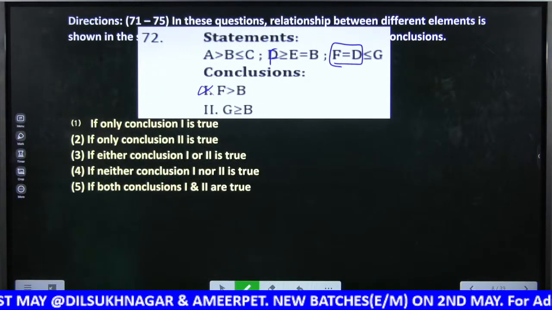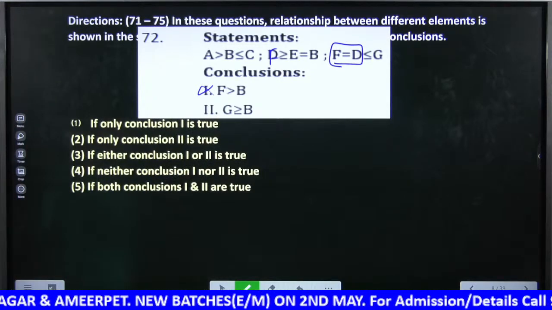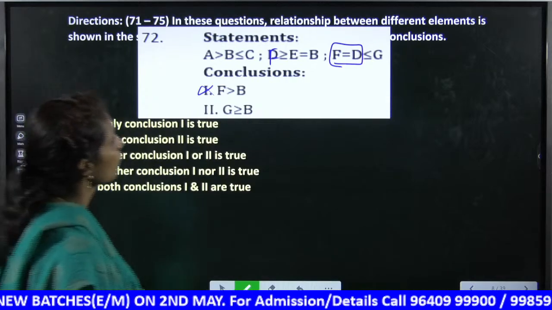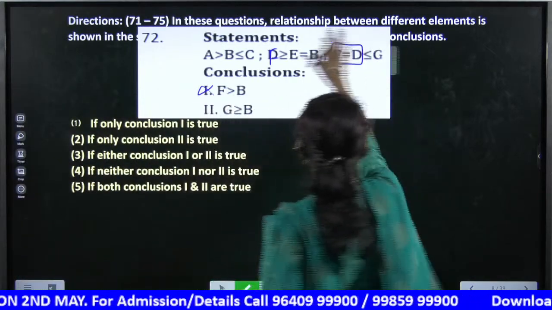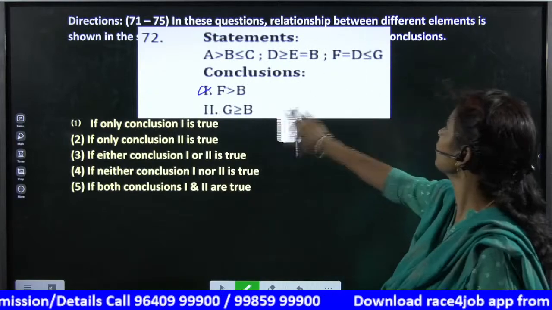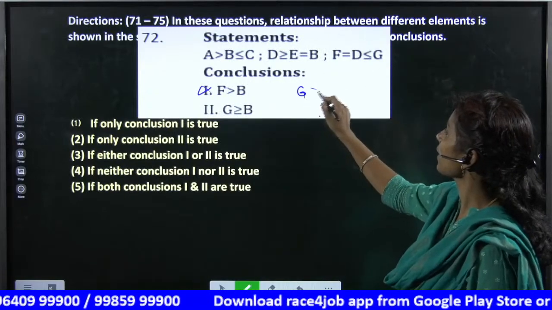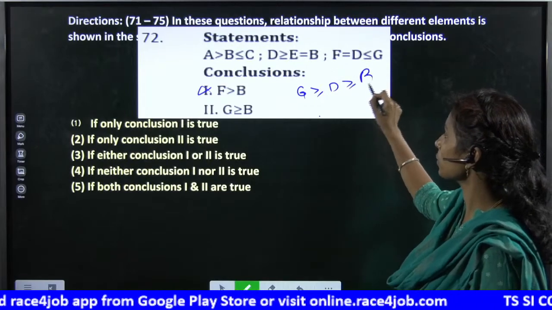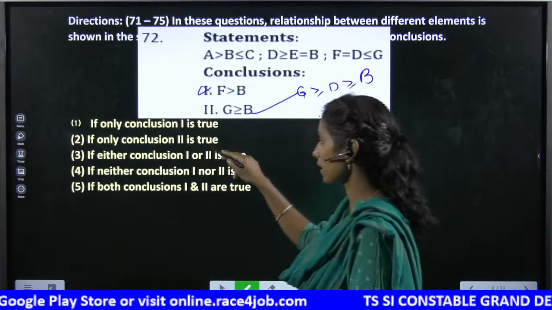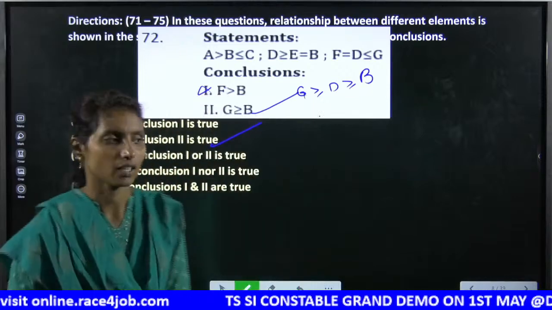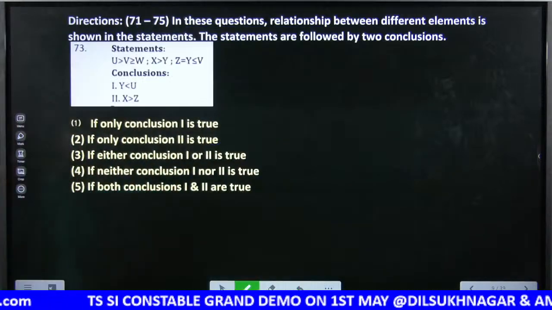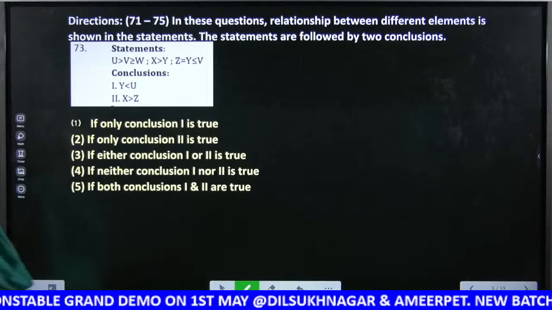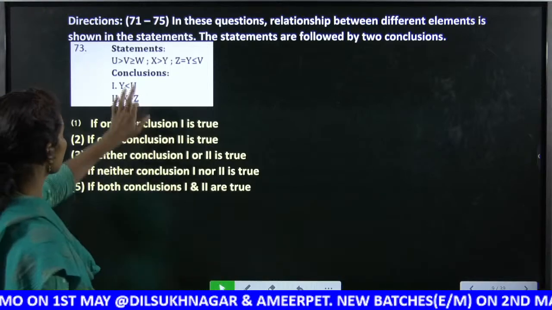G greater than or equal to B. Check it here. G greater than or equal to B. And what is mentioned here is G greater than or equal to D. From D to B it is G. D is greater than or equal to B. The second option is true and our answer for this question is the second option. Next question.